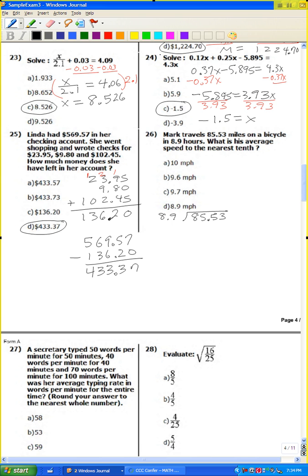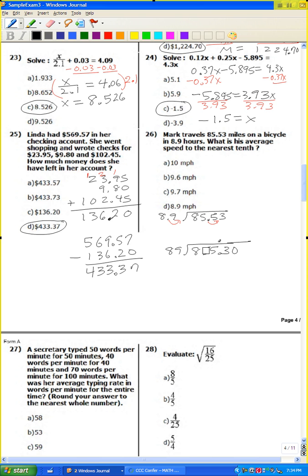And so let's move my decimal one place to the right. I have to move my decimal in the dividend also one place to the right. So I have here 855.3. I want to round to nearest tenth, so I need to go out one additional place.